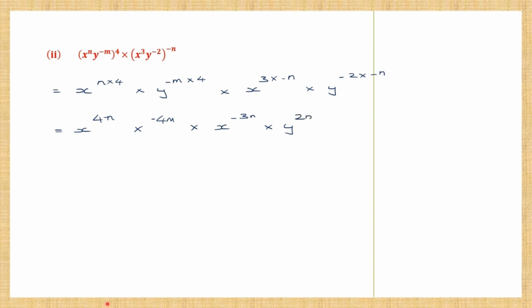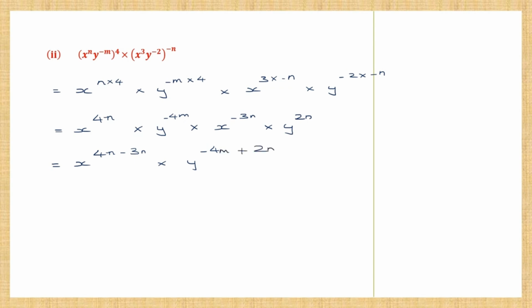So now let's look at the base. If the base is the same, remember we can add the power. So let's take the x and we can add up the powers. So this will be x raised to the power of 4n minus 3n. Similarly, we can take the y's also into y raised to the power of minus 4m plus 2n.